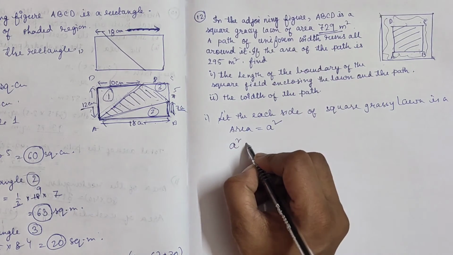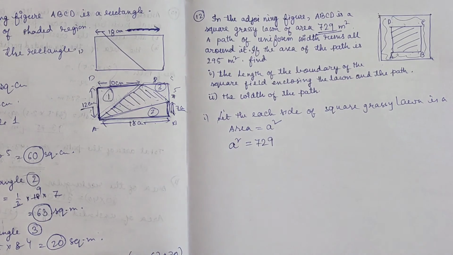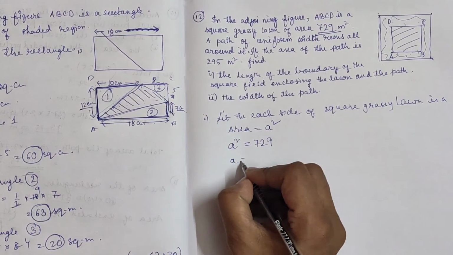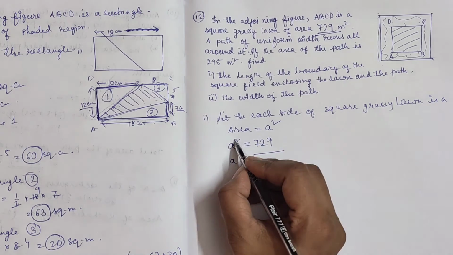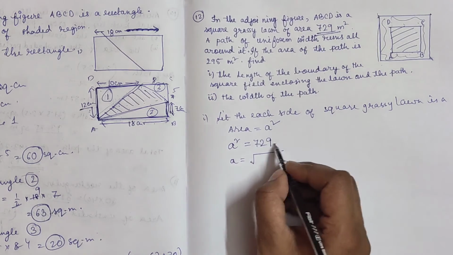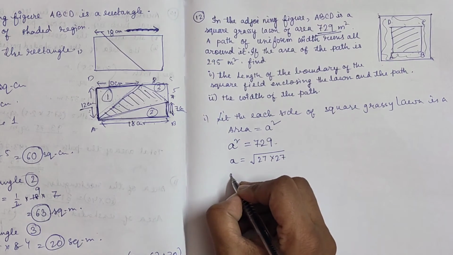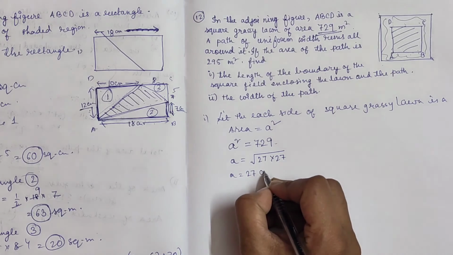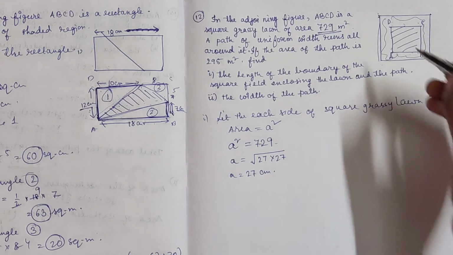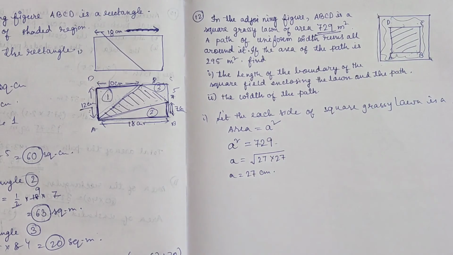So we can write A square equal to 729. So A equals root 729. To remove the square we put the root, and 729 is 27 into 27. So A equals 27 centimeter. So each side of the lawn is 27 centimeter.